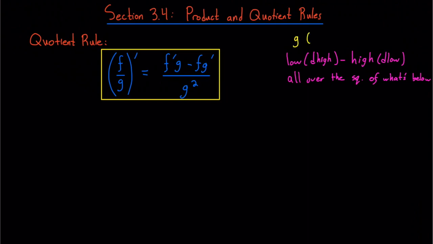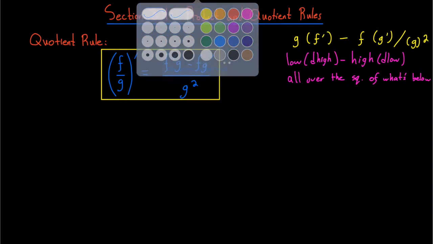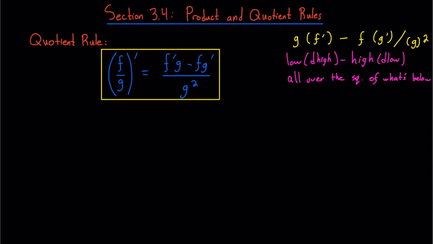High, d high means the derivative of the top, which is f prime, minus high, which is just f, d low, the derivative of the bottom, all over the square of what's below. So low d high minus high d low all over the square of what's below. This may not work for you, but it does work for a lot of people, so I thought I'd share it. Alright, now let's look at an example.